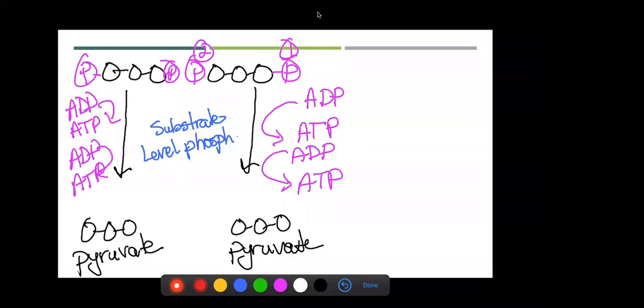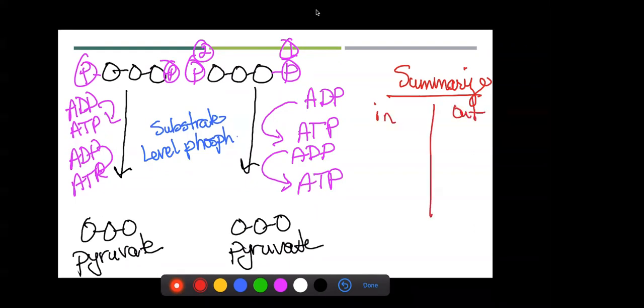All right, to summarize, I put in glucose, and I got 2 pyruvates out. I'm going to run out of space there.